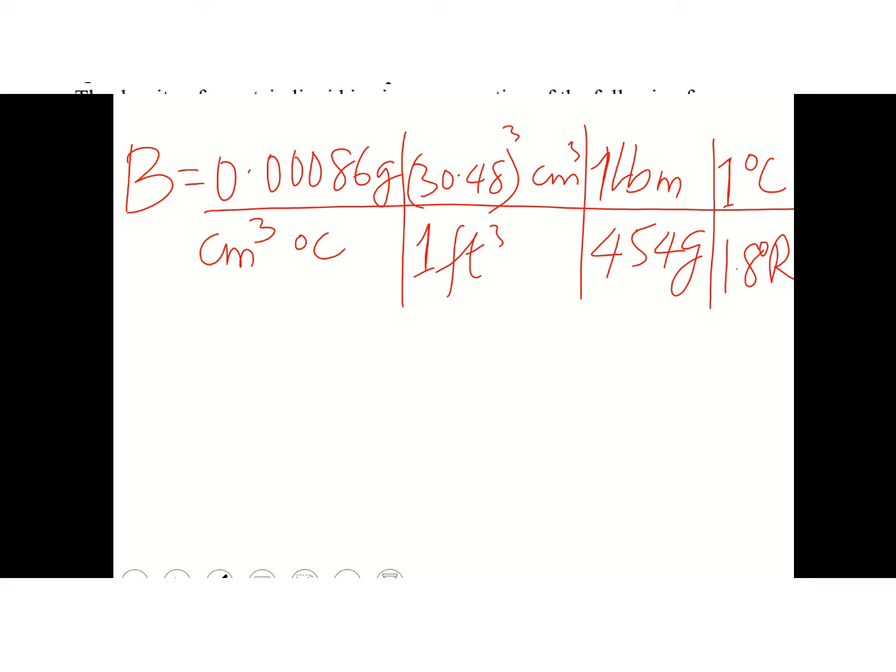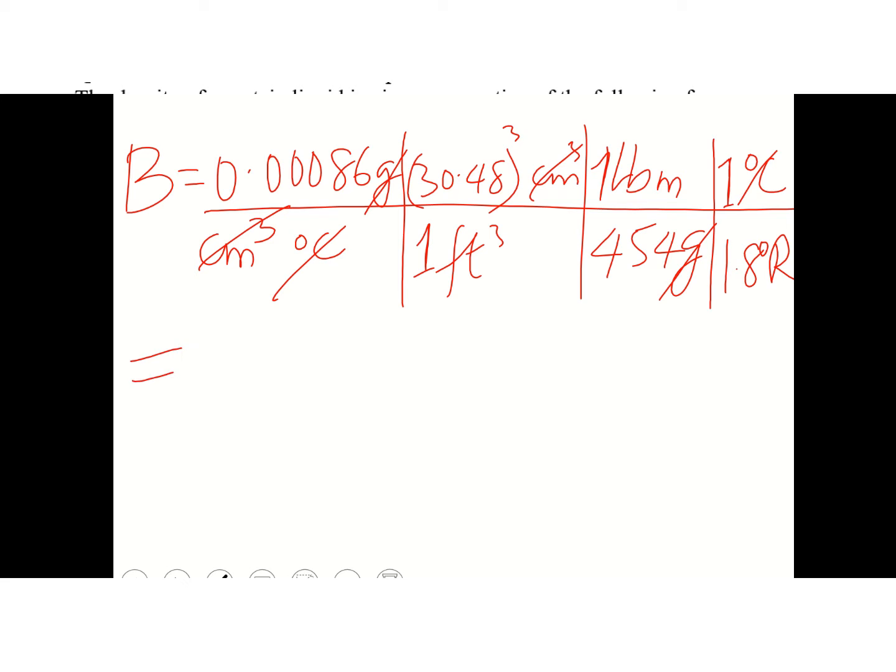So you will agree with me that cm cube will cancel cm cube, and gram will cancel gram. So you're going to have only pound mass, foot cube, and degree Rankine.